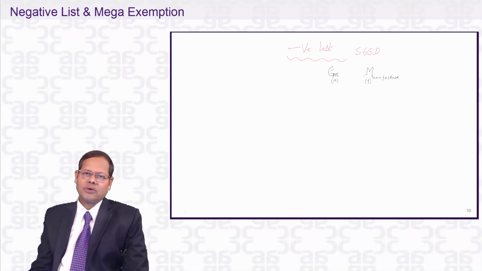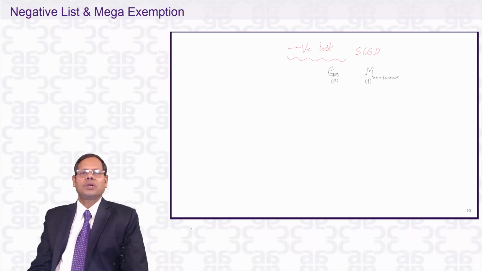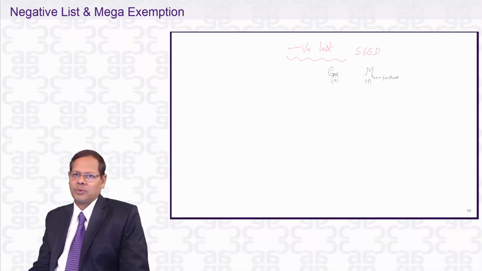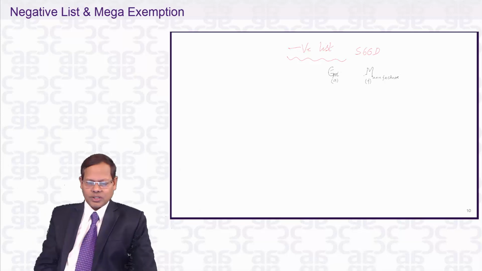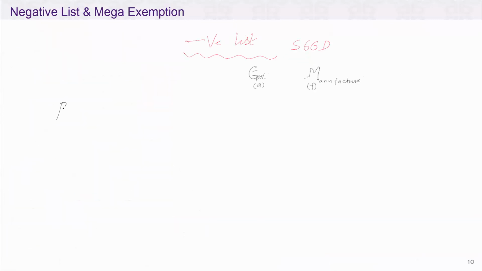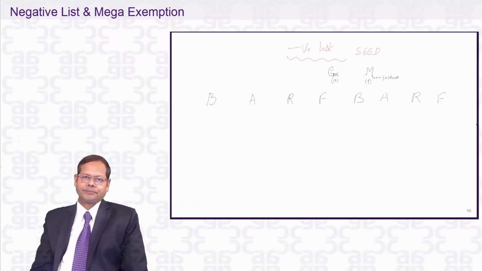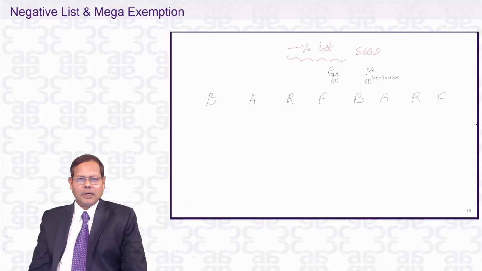So there are 2 services we have got, and what else left? Only 14 services that we have to remember, right? So what are the 14 services? I'll put like this: B, A, R, F. And again I repeat, if I put it like this, of course, this is not a season virtually.